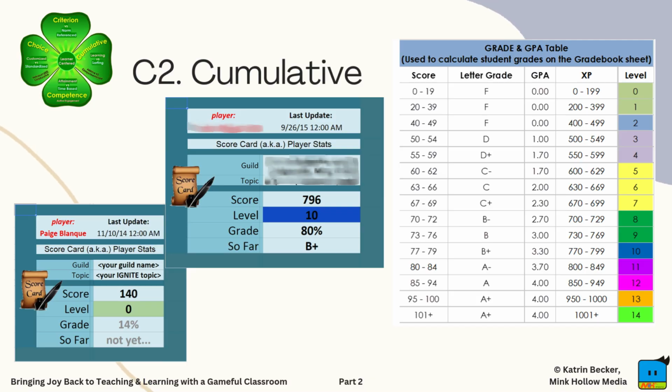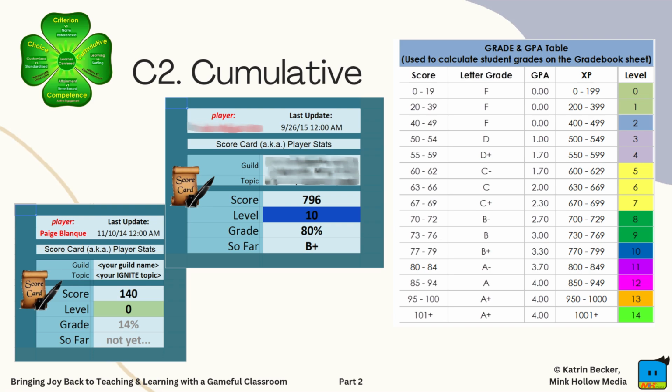They are at level 10. Some people like to know what level they're at. Other people don't actually care. I like the color coding because it helps people see easily where they stand. Their grade at this point, 796 out of 1,000, makes it 80%. And according to the university mapping, that gives them a B+.